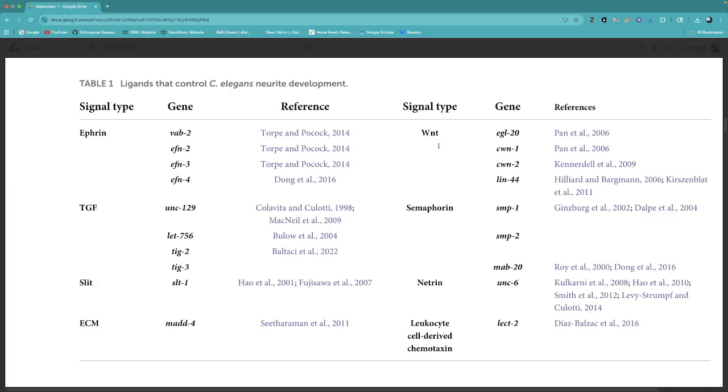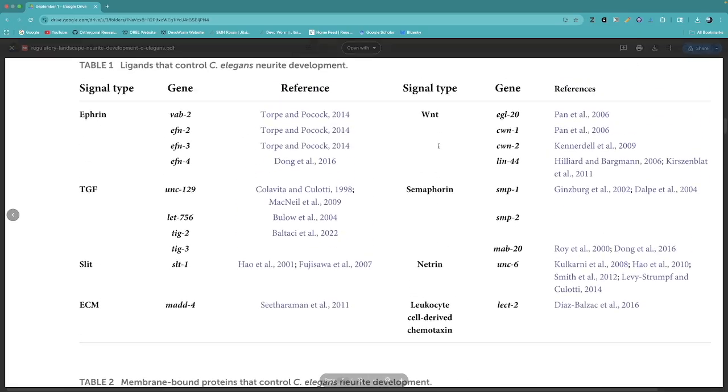So you'll see different versions of these signaling types across different nervous systems. And so these are the genes in C. elegans, specified in the C. elegans genome. But of course you can find different homologs and paralogs in other genomes as well.